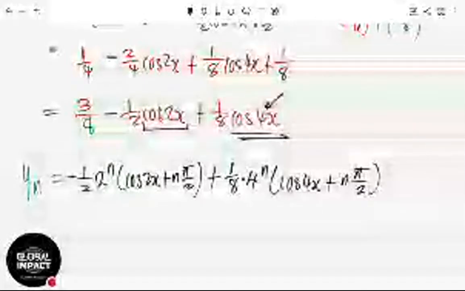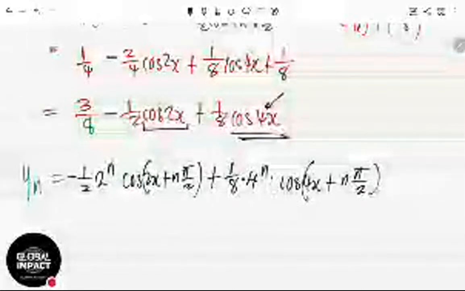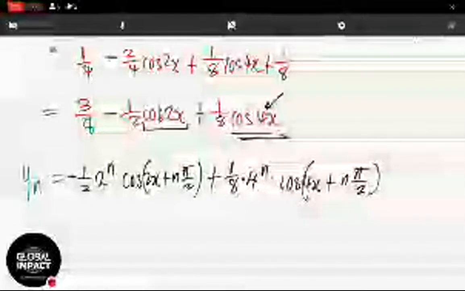Okay, I'm not writing it right. It's cos of 2x plus n pi over 2, then here it's cos of 4x plus n pi over 2 together inside one bracket. This is going to be your nth derivative. You see? Yes. Because you did the 4 cases.